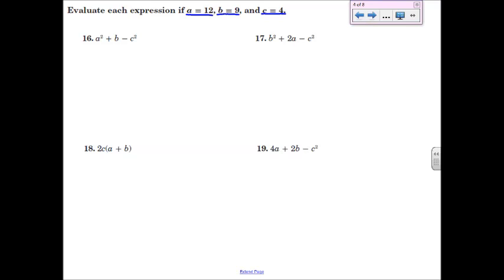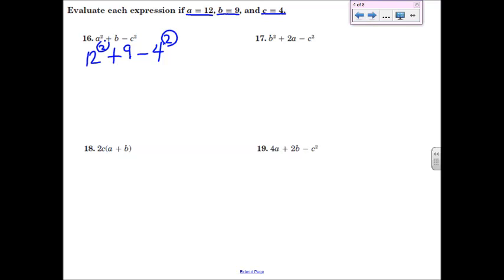So in number 16, we have A squared plus B minus C squared. So A is 12 squared plus B is 9 minus C is 4 squared. So no parentheses, exponents is our next thing. So we have 2 of those.